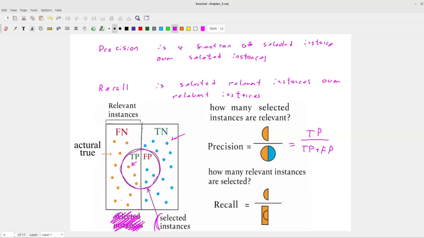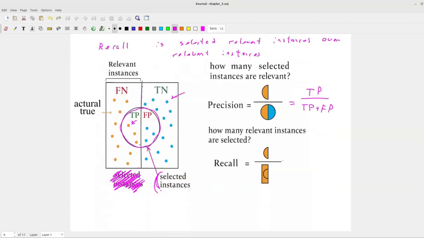So it's going to be true positive over true positive plus false positive. And recall is going to be true positive over true positive plus false negative.